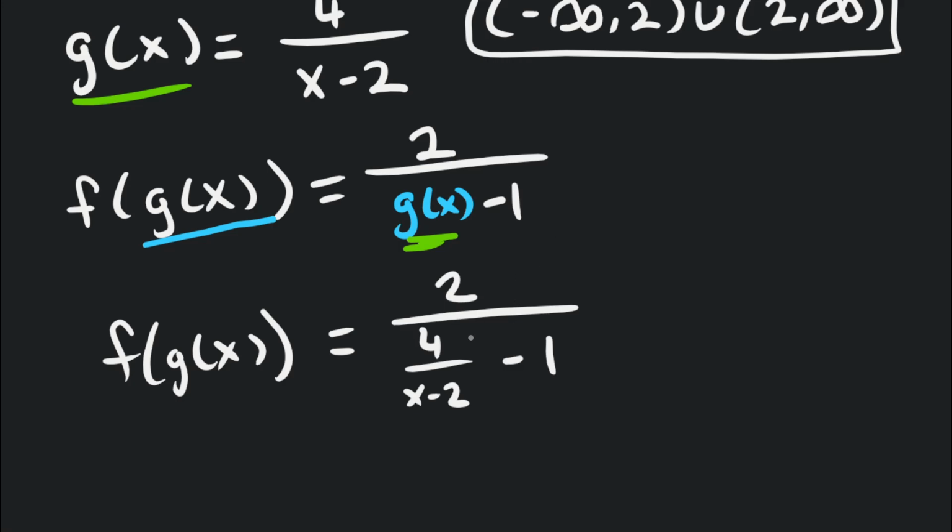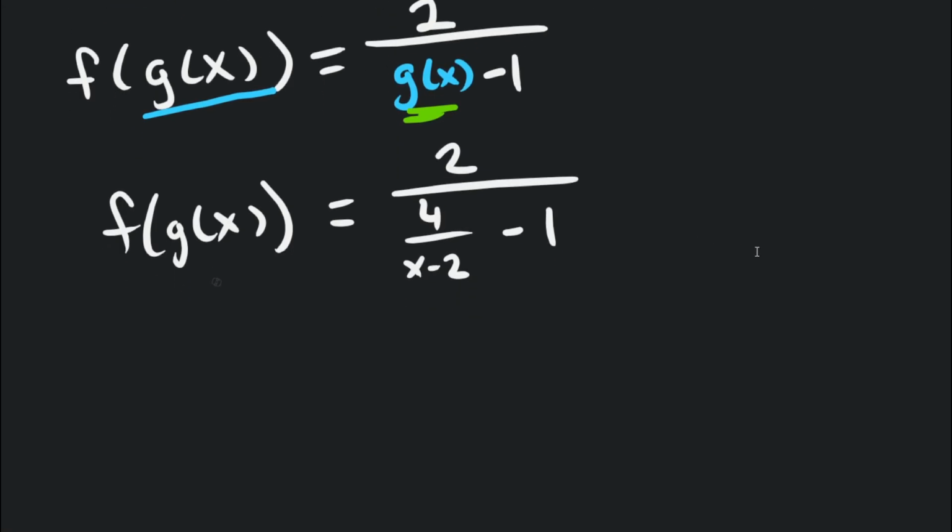And what we're going to do is we're actually going to do two things. We're going to look at the denominator, and we are going to set the denominator not equal to 0, similar to what we did for f of x and g of x. So we are going to set 4 over x minus 2 minus 1 not equal to 0.